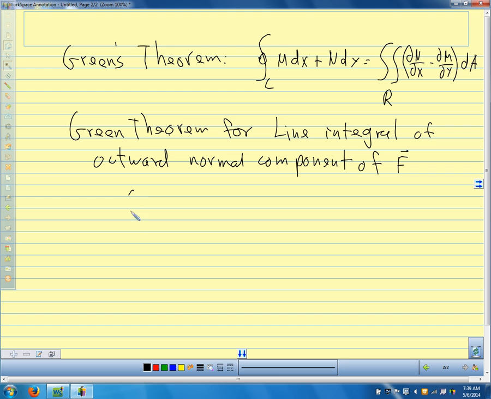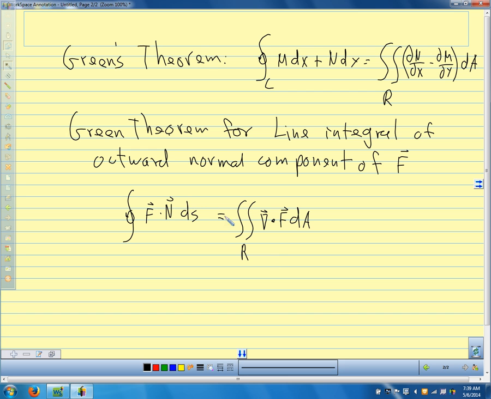We said that the line integral around this closed curve of f dot n ds was the double integral over our region of the divergence of f. So we can think of this line integral of the outward normal component as the flux of f out of this curve, where the outward normal is in the plane. And we related that to this double integral of the divergence over the region.